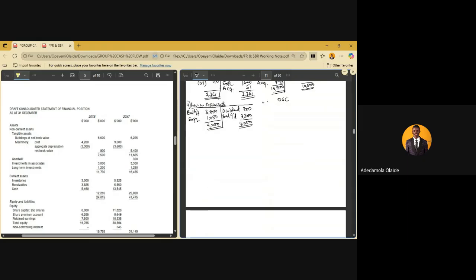Ordinary share capital account: balance brought forward 6,000, balance carried down 11,820.